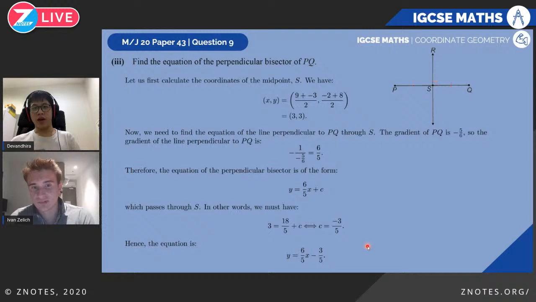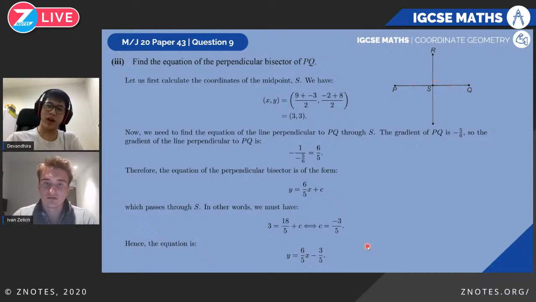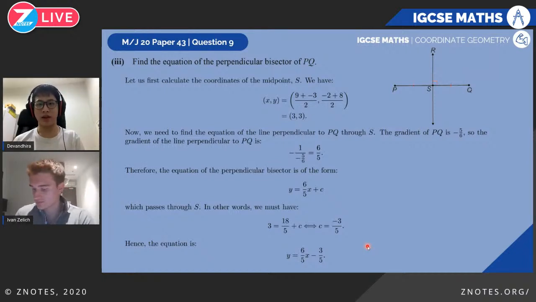And that's it. Something I forgot to put in the PowerPoint is the formula for perpendicular gradients: m1 times m2 is equal to negative 1. As I said, the product of the two gradients is -1.